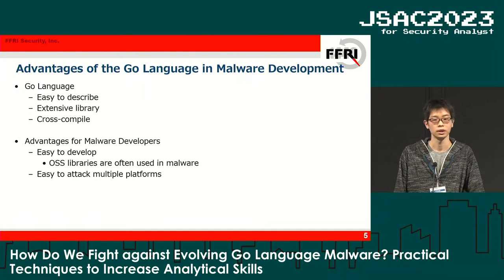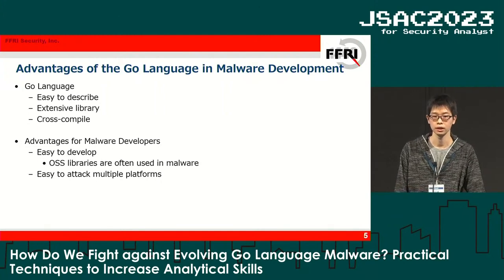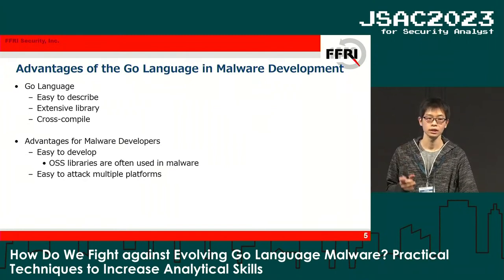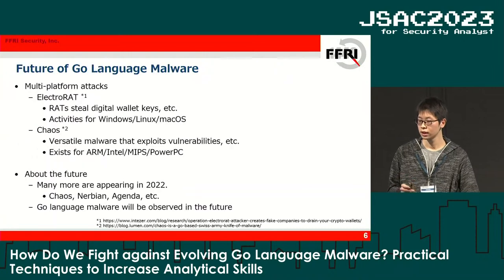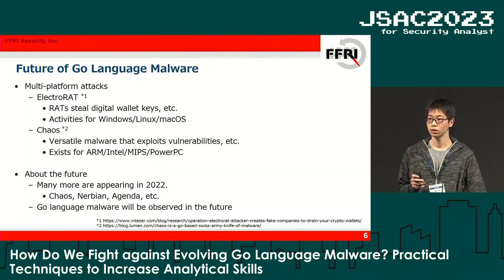The benefit of using Go language for malware development is that Go is easy to develop with, and cross-compiling is easy. This allows less effort for developers and makes it easy to create malware for different platforms. Actual examples are Electric and Chaos malware, confirmed not just for Windows but also Linux and Mac OS.